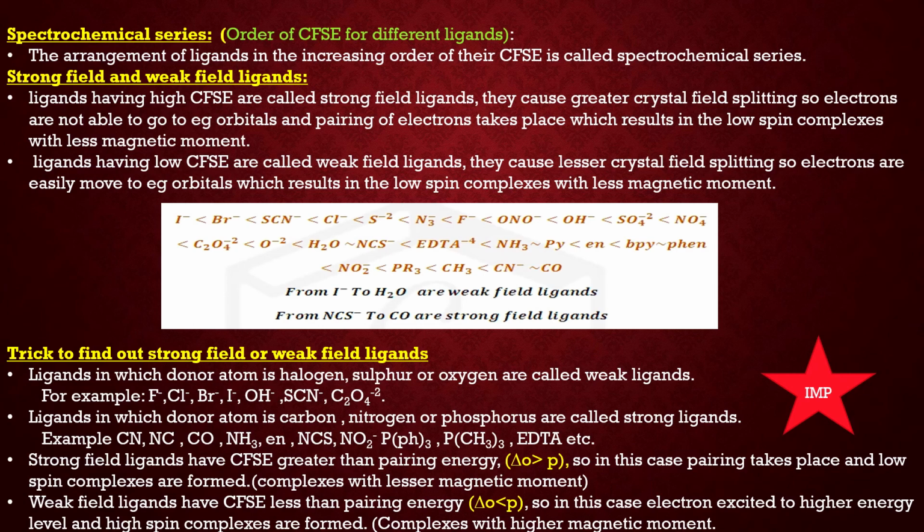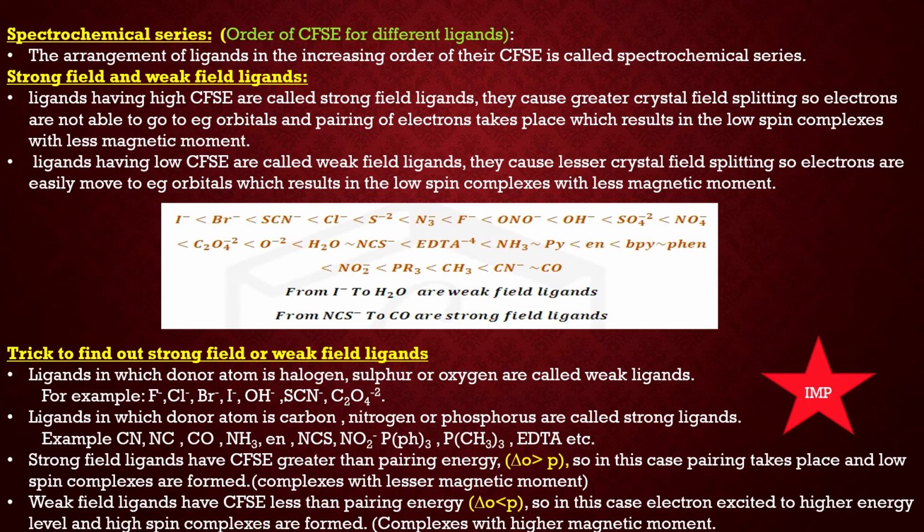So the trick to find out strong field or weak field ligands. First of all, you should know what the donor atom of the ligand is. Now, if the donor atom is halogen, sulfur or oxygen, then the ligands are called weak field ligands.